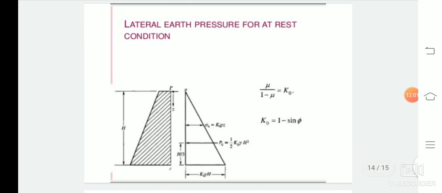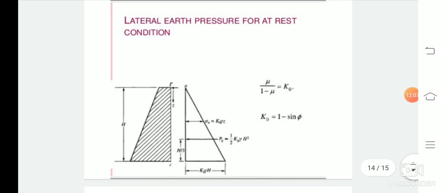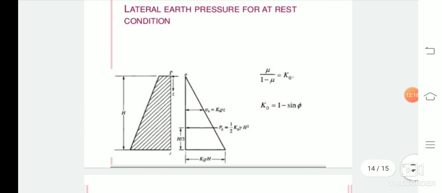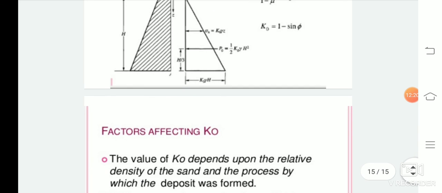The value of the earth pressure coefficient K naught can also be computed from the following approximate equations: K naught equals 1 minus sin phi, and K naught equals mu by 1 minus mu. So this is the theory of earth pressure at rest.